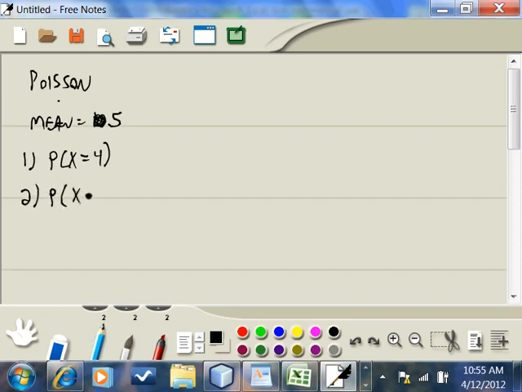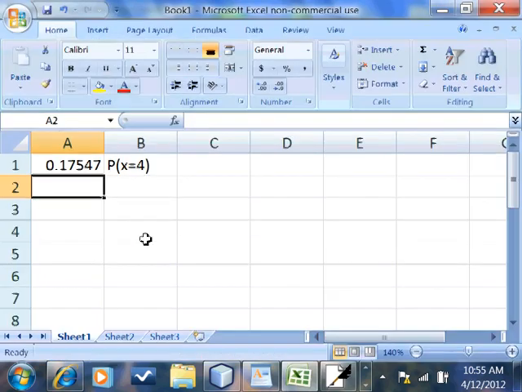Now let's say we're looking at the probability that x is less than 6. Then we'd have 0, 1, 2, 3, 4, 5. It doesn't include 6 since it's less than 6. So it goes from 0 up to a number, and you can type it directly into Excel. It ends with 5.